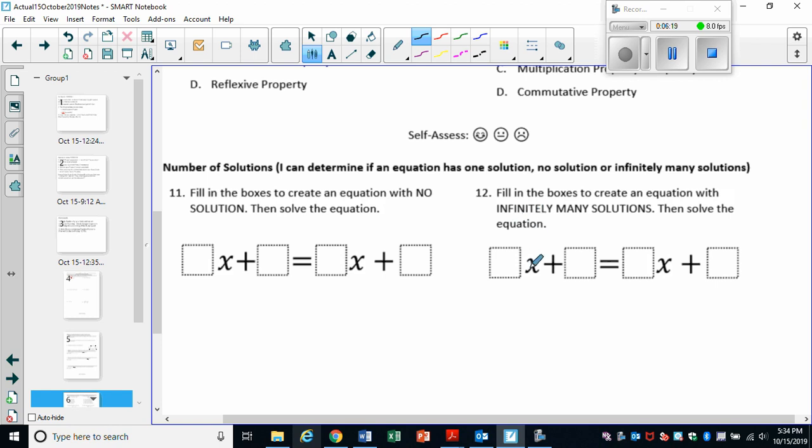So that means x could be anything. You're going to get equal amounts on both sides. Whereas back to 11, the solution is no solution, because no matter what value you choose for x, the 2 sides will never equal each other.